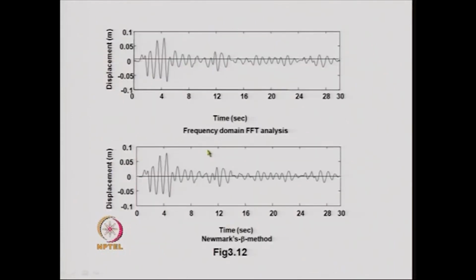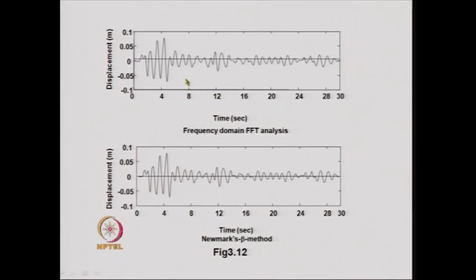Now, the time histories of the responses that are obtained are shown over here. I think the FFT solution also was carried out, that I have not explained over here, but explained before how to obtain the response of the system using frequency domain FFT analysis, and then it was compared with Newmark's beta method, and we found that for both the cases the results were exactly the same.